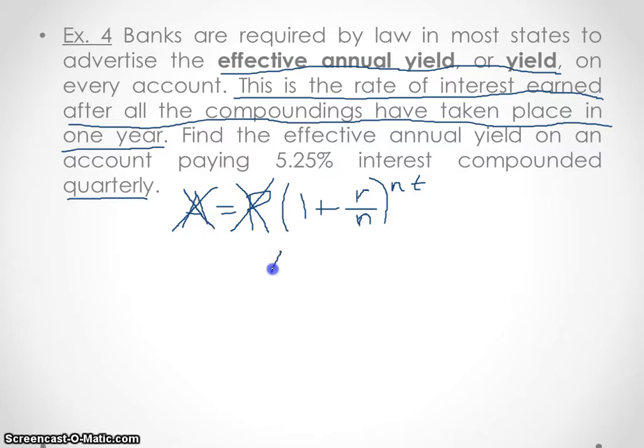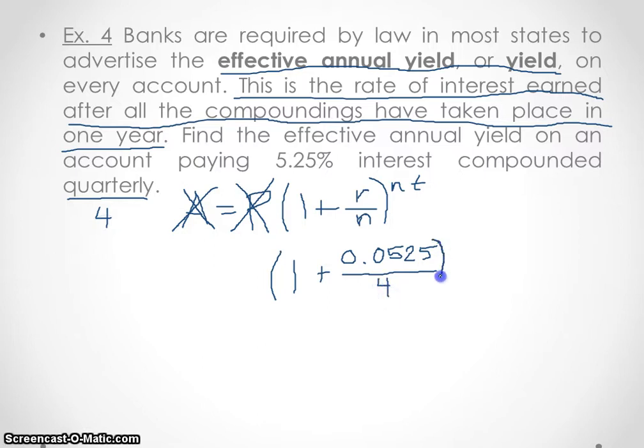What we do have is, well, 1 is just 1, so we have that. We have our rate, which is 5.25, remember, written as a decimal, 0.0525. We have the number of times we're compounding it a year. It's quarterly, so remember that's 4 times a year, so 4 goes down here.